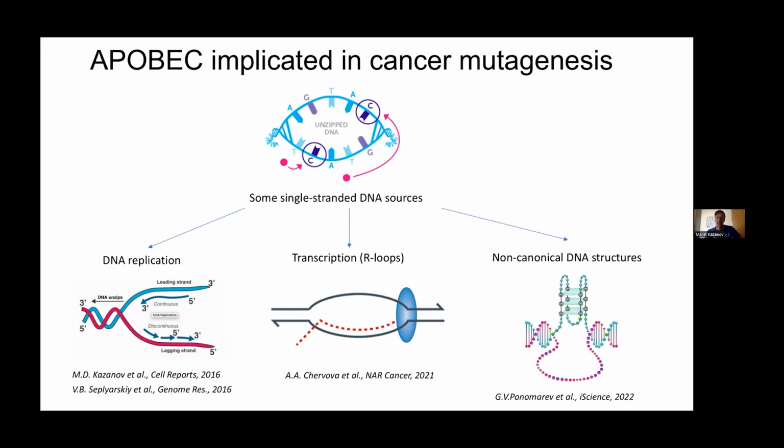And we think it is connected with the formation of R-loops. And surprisingly, we did not find any increase of Apobec mutagenesis in non-canonical DNA structures, although these structures contain big stretches of single-stranded DNA.